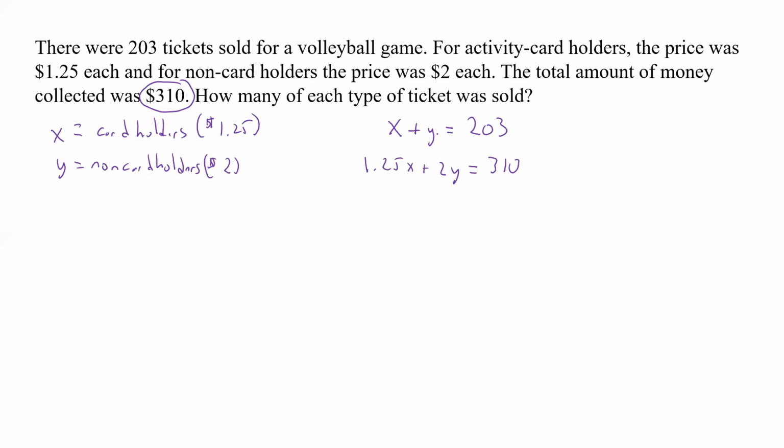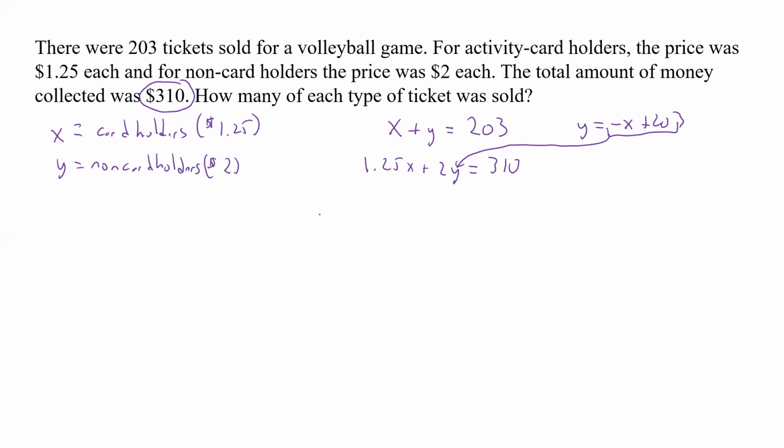I can see that if I solve for y, I get y equals minus x plus 203. Then I can take that times 2 and simplify. We could also do elimination. We could multiply that top equation by a -2, add the two equations together, and we'll get a value as well. It doesn't matter which way you go. There's multiple ways you can do each of these problems after you have the equations.